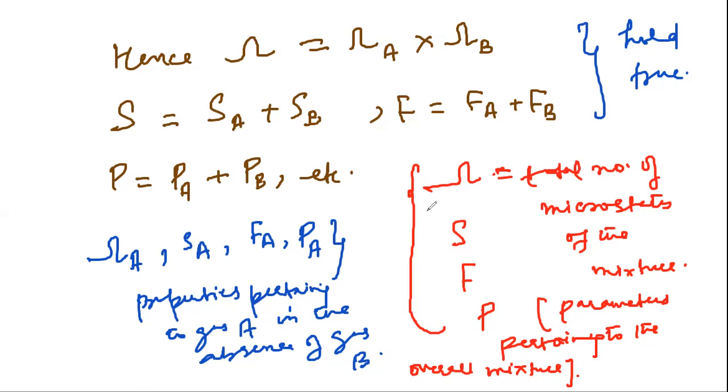Two gases are behaving as if the other were not present. So the gases behave independently. Why so? Because they occupy different states. Now, what is the paradox? And how is that easily resolved? And where was the issue?